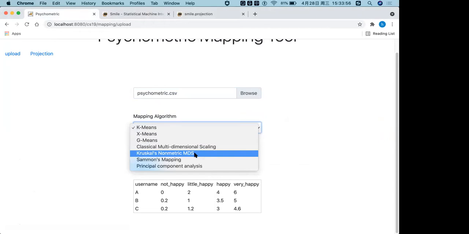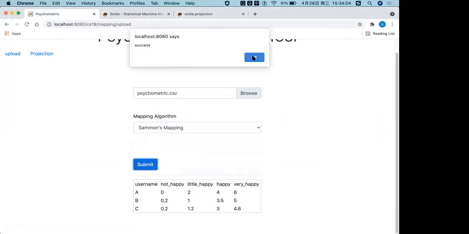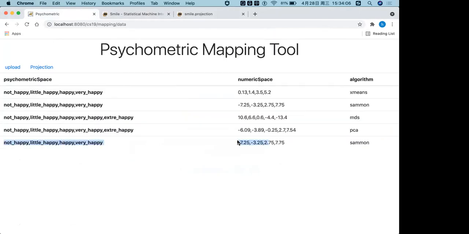For example, MDS, Sammon mapping. Okay. And this is the CSV submit. Okay. Success. And this is the result from the last action.